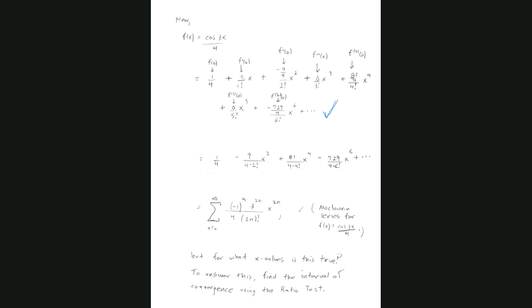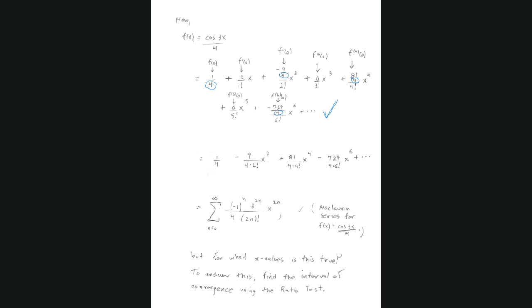Okay. So notice that we always have a 4 here in the denominator for our non-zero terms. There's always a 4 in the denominator. And then let's look at these numerators.